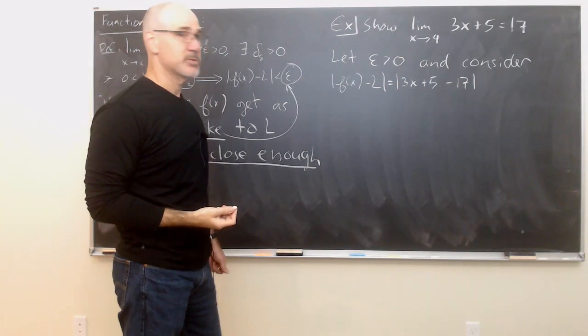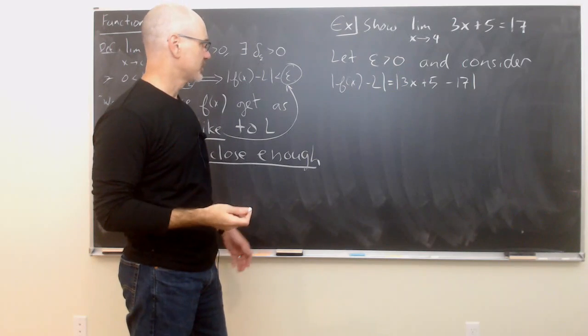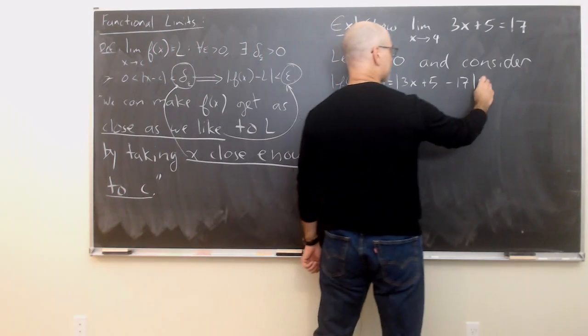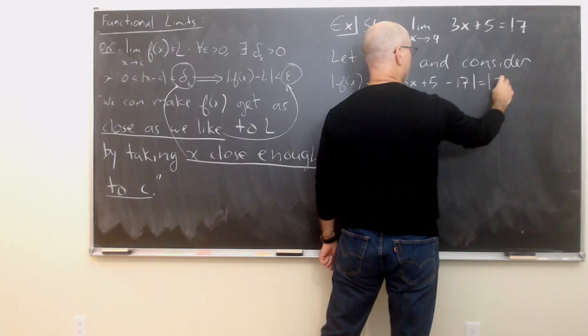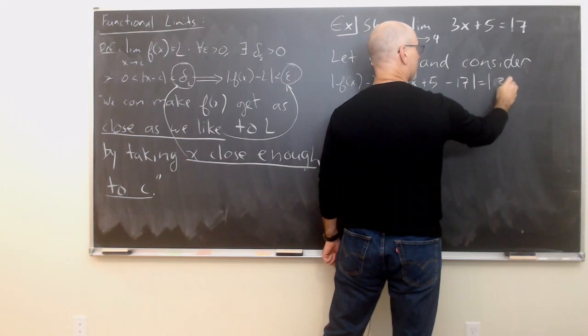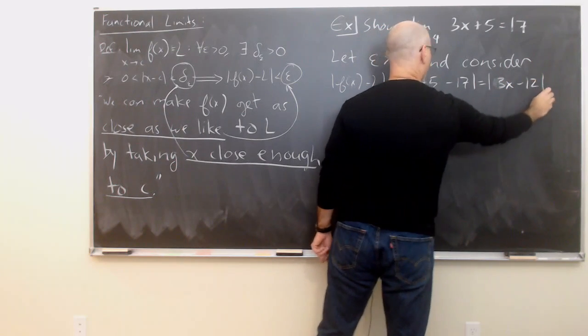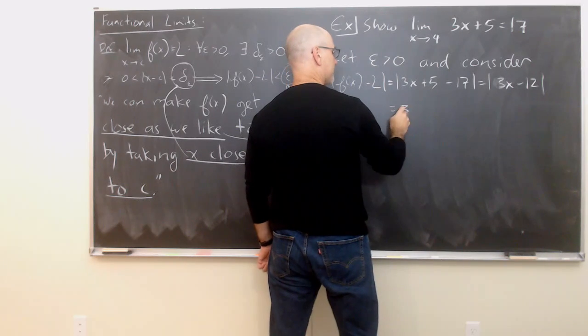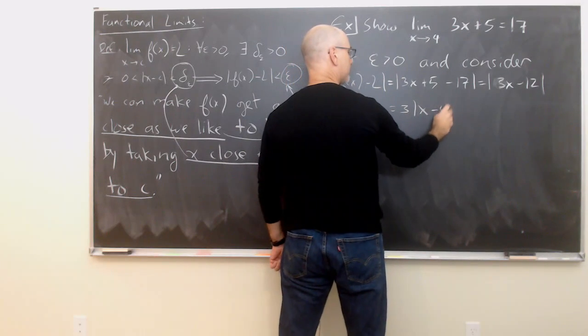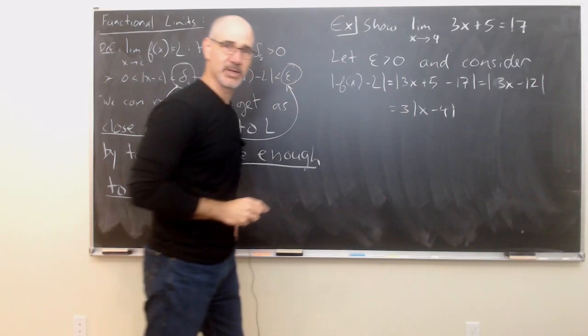Now inside the absolute value, I can do a little bit of arithmetic. That's going to give me 3x minus 12, and then if I pull the 3 out, I get 3 times x minus 4.